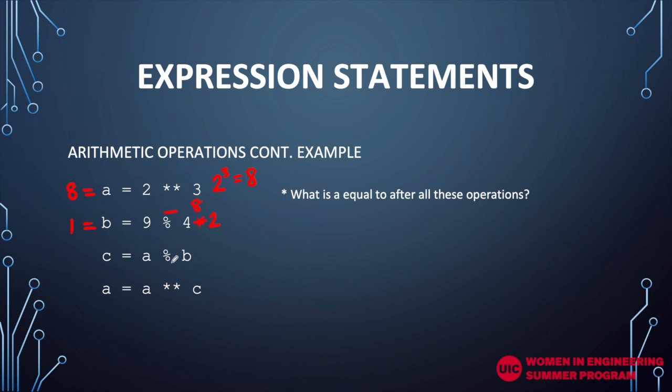So since we know that A is currently 8 and B is currently 1, it would be 8 mod 1. 1 goes into 8 8 times, and so 1 times 8 is 8. 8 minus 8 is 0. So you have no remainders for this. So 0 is stored into C. Let's do A to the C power, which is equal to 8 to the 0, and that equals 1. And so 1 will get stored into A.